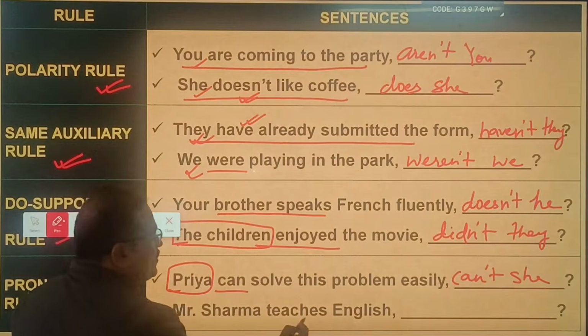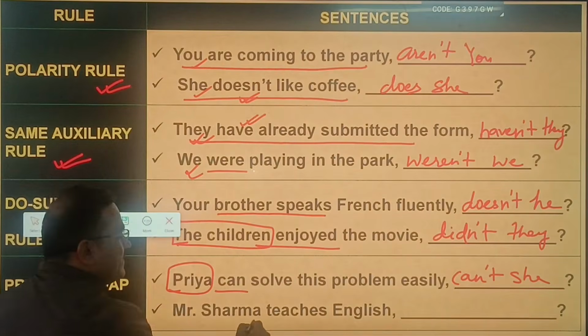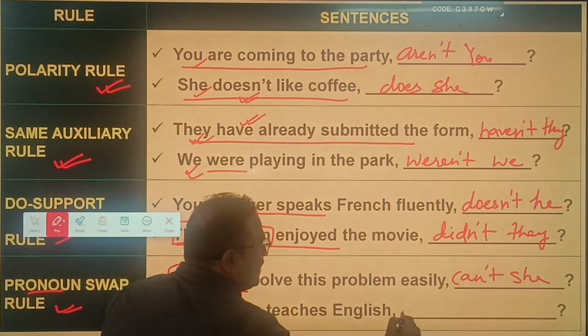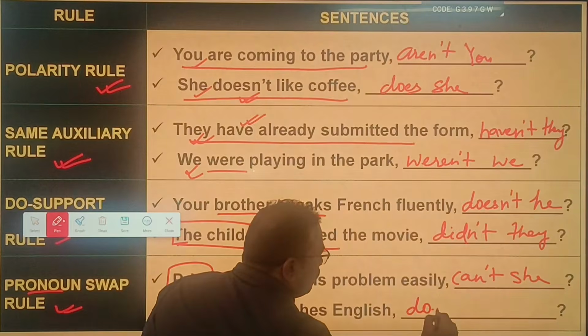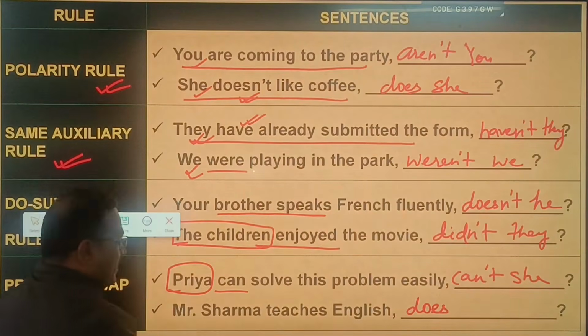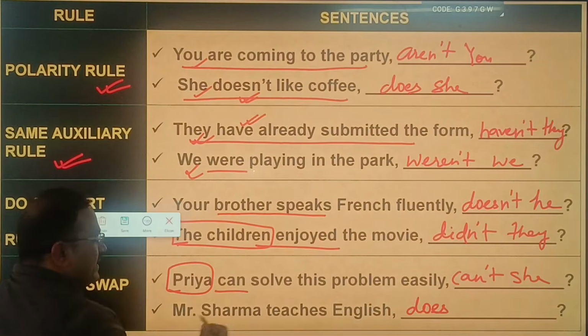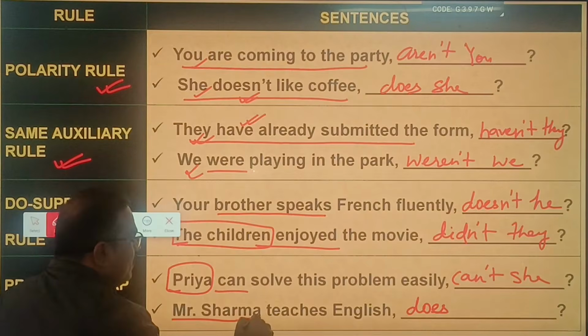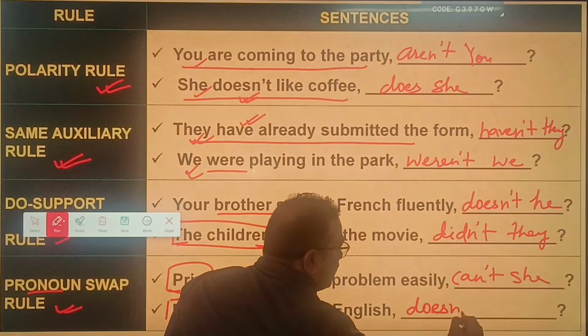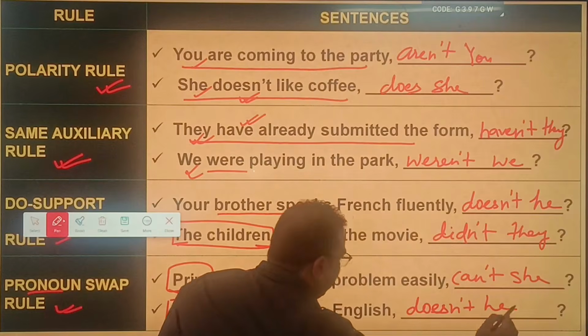Mr. Sharma teaches English. Now this is simple present, so we'll use what? Do, does, simple present tense. And for Mr. Sharma, which pronoun will you use? Does not. Doesn't he.